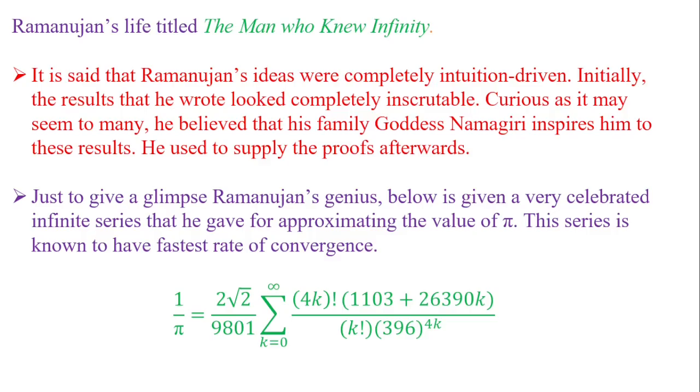Here, even if you take the first term of this infinite series, the value that you get of pi is correct up to 6 decimal places after the decimal point. So that tells us how precise a value of pi this formula gives us.